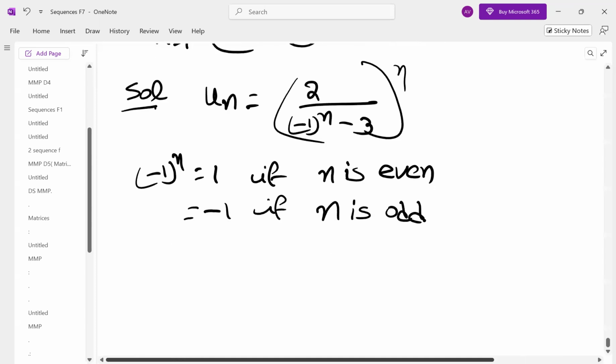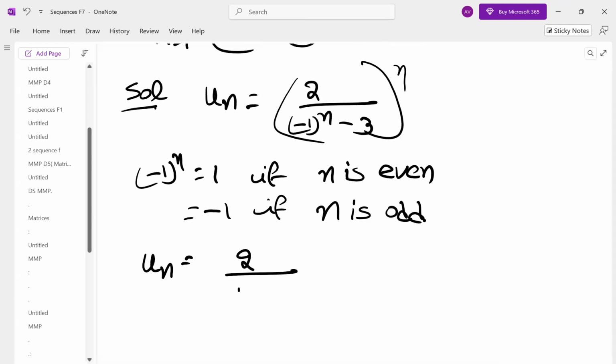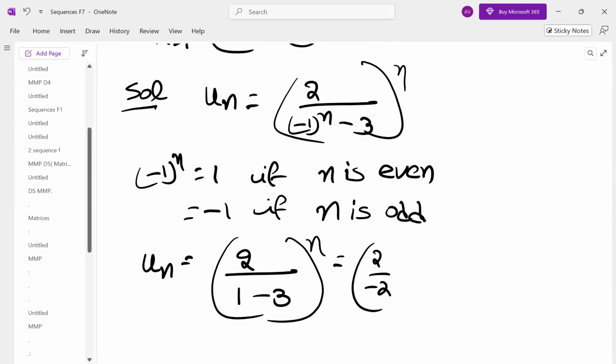So, what is un? If n is even, it is 2 by 1 minus 3, that is 2 by minus 2, which is minus 1 power n.